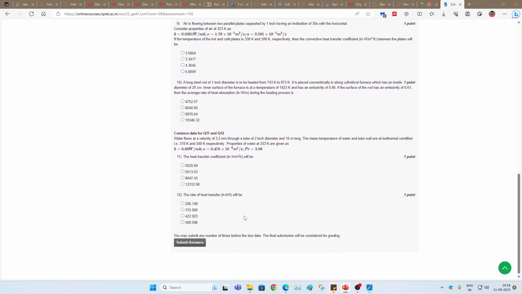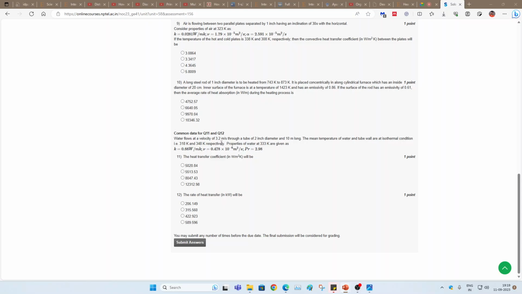And question 11, 12: water flows at a velocity through a tube, where the mean temperature of water and the tube are at isothermal condition. Properties are given. These are very simple questions. Your Prandtl number is given. Generally Prandtl number is mu Cp upon K. So you can get mu from here.